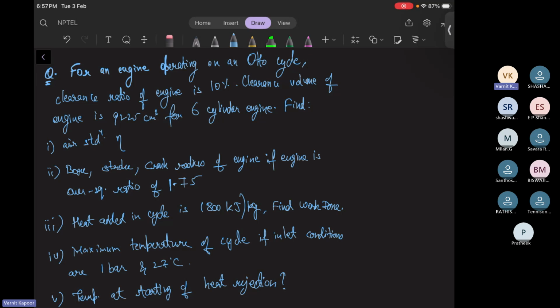Efficiency is 61%. Correct. Efficiency is 61.67%. Yes, you just have to apply the formula directly. Correct. Any other part?